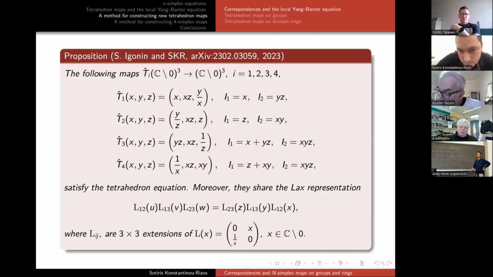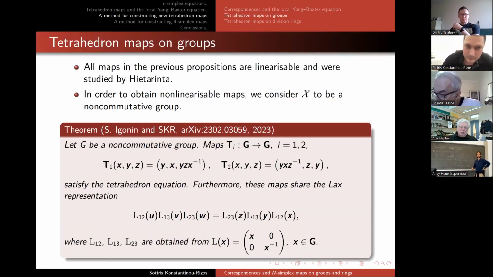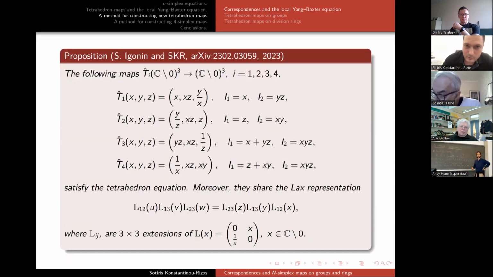And these maps, I repeat, don't belong to any of the known classification lists. However, all these maps in the previous propositions are linearizable, and they were studied by Hietarinta, but we present their Lax representation. So we construct them by the local Yang Baxter equation, and show how they are linearizable.